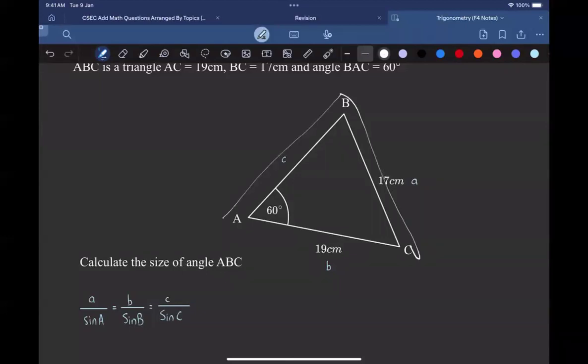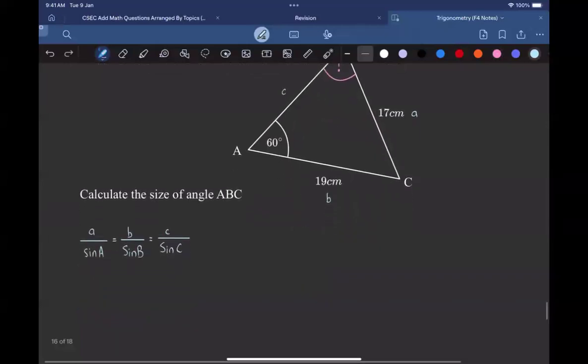So ABC means angle B. So we have to find angle B. So that is why we're going to choose A and B. We pick what we know and what we're trying to find. We have A and we're trying to find B.